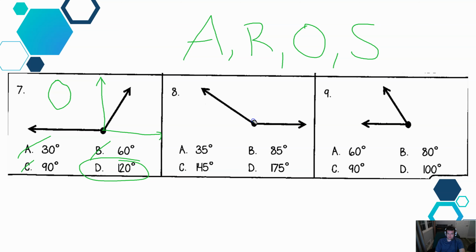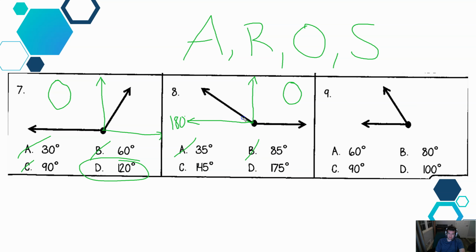Number 8, same deal. It's larger than 90, but it's less than 180 degrees, right? So I know it's an obtuse angle measurement. I know it's not A, I know it's not B. Those are acute. C and D are both obtuse, but D, if you think about it, here's the 180 degree mark. It's not anywhere close to the 180 degree mark.